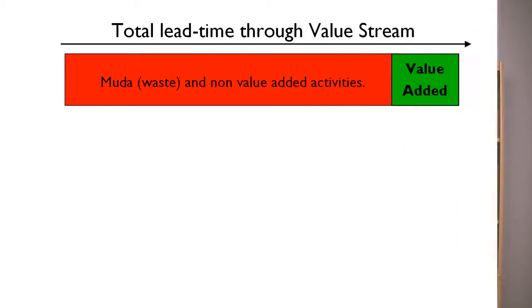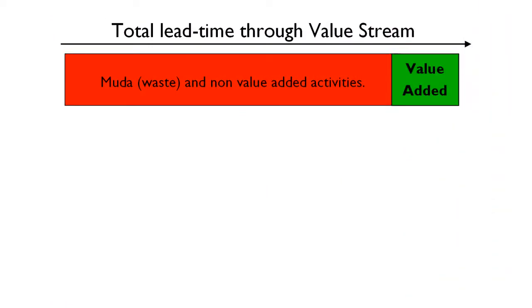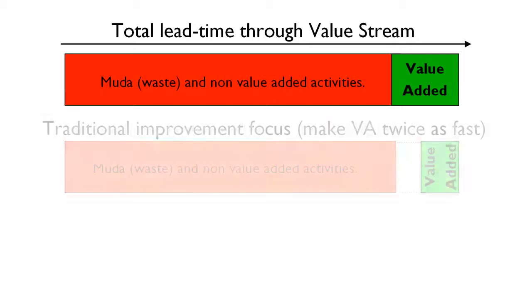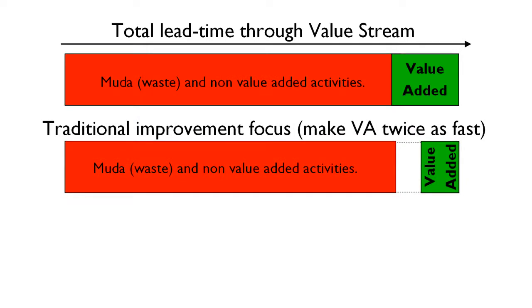Now, as we discussed earlier, we'd prefer to spend most of our time doing value-added work. Unfortunately, when we look at the total lead time through a value stream, we find that a massive amount of muda, or waste, is stealing resources and time. Another unfortunate activity we often see companies doing is attempting to reduce the overall lead time by making the value-added processes more efficient.